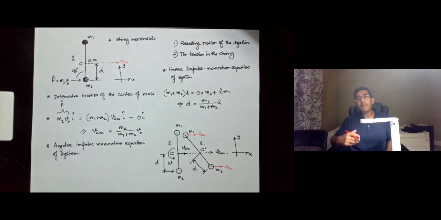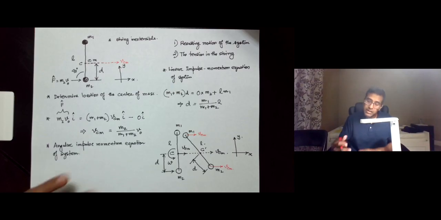It is a mathematical way of looking at and separating out the overall motion into two categories. One is the translational and the other is the rotational. The translational part essentially means that we can consider that both the masses are moving forward with that same velocity vcm.